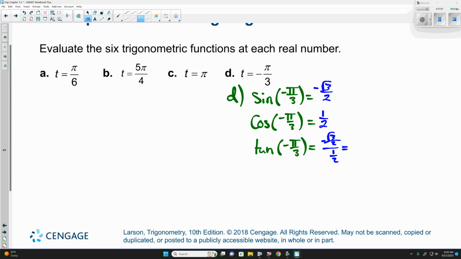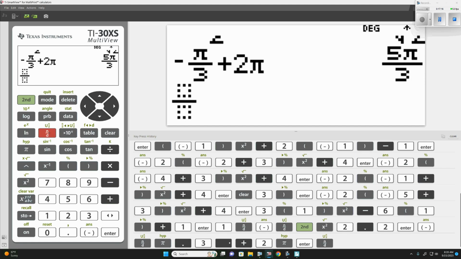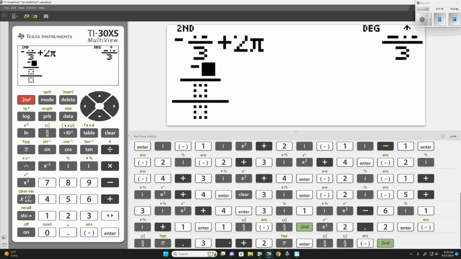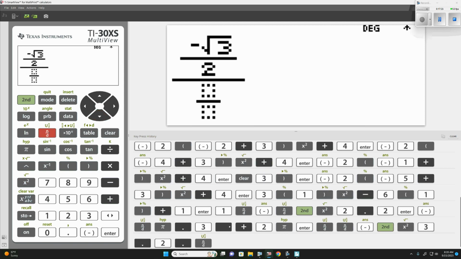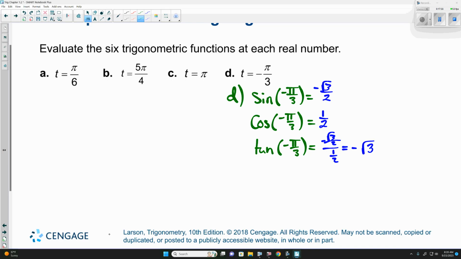We have that here. Cosine should be positive. We have that. So tangent should be negative, and its value is the square root of 3. Now, in a calculator, fraction, negative square root 3 over 2 over 1 over 2 is negative square root of 3. So we do get that, yes?